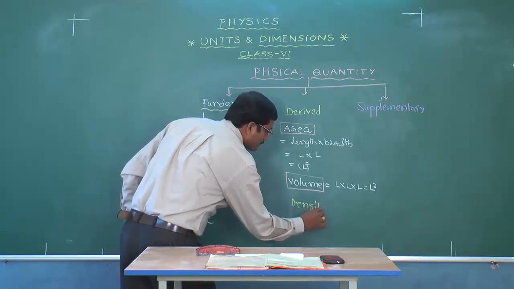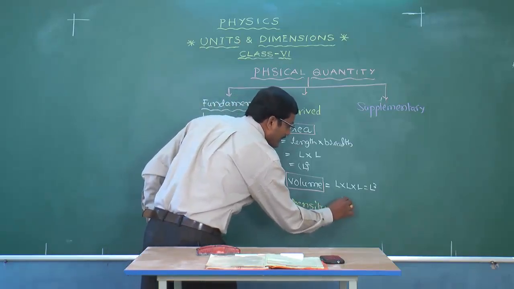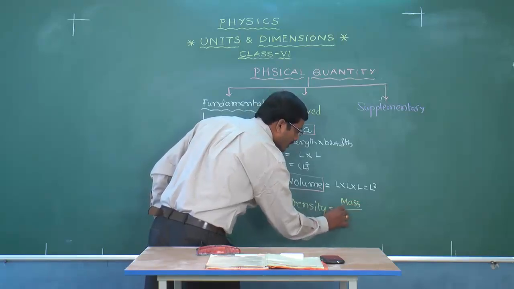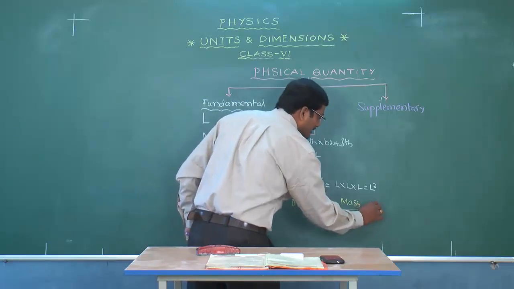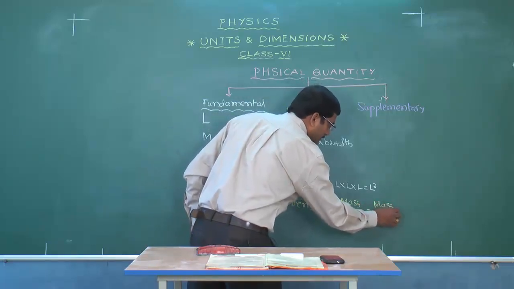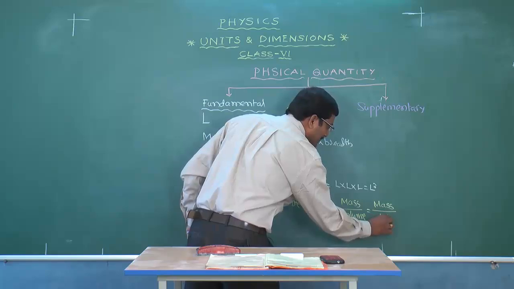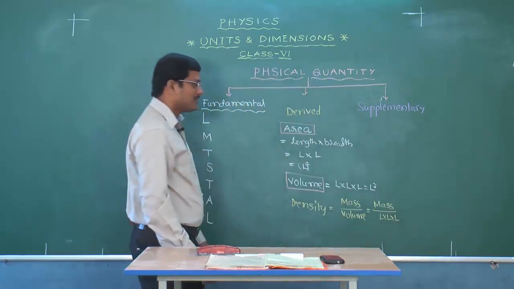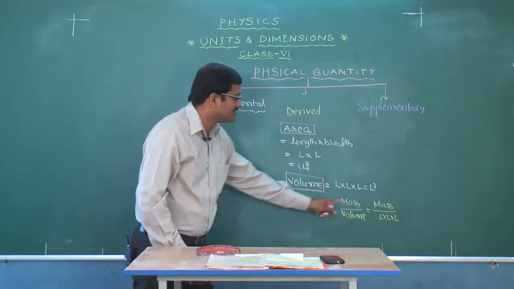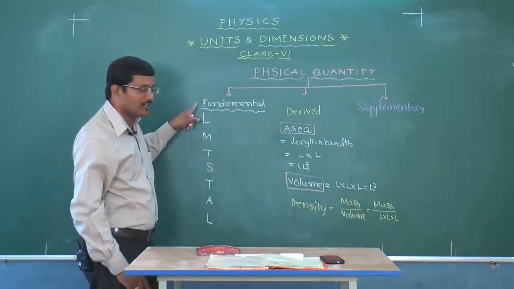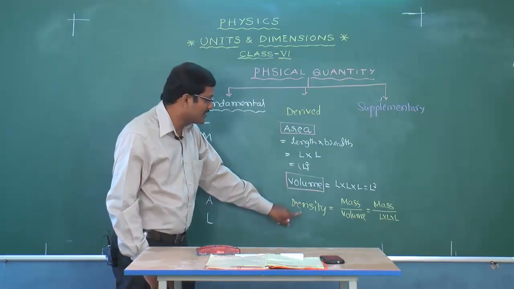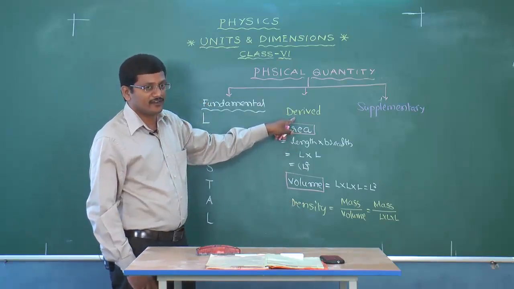Density is nothing but mass by volume. Here mass is a fundamental physical quantity only, and the volume is the multiplication of length 3 times. So density is derived from mass and length. Length and mass are part of the fundamental physical quantities, and density comes under derived physical quantity.